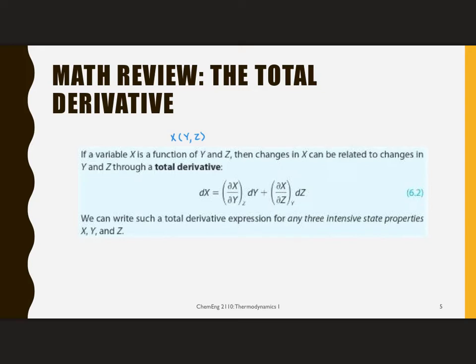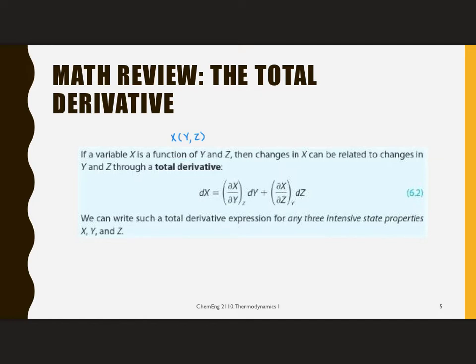Now, if I'm taking the partial derivative of x with respect to y, it means that if it's a function of y and z, then z was being held constant. So we put the subscript there of z being held constant for dx/dy. If I have dx/dz, then y is being held constant, so I put that subscript there.